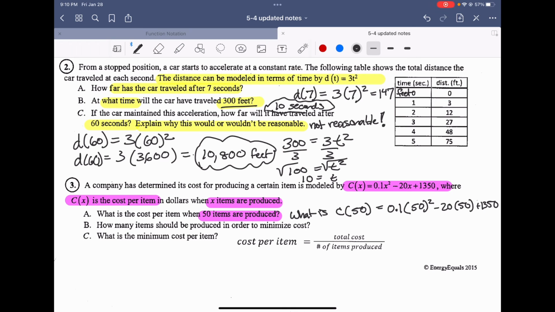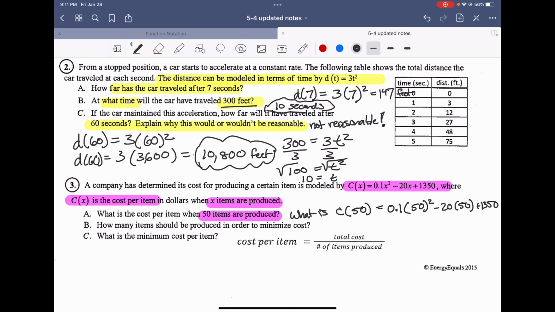Okay. 0.1 times 50 squared minus 20 times 50 plus 1350. Make sure what's in my calculator looks like what I wrote down. Okay, and I got $600.